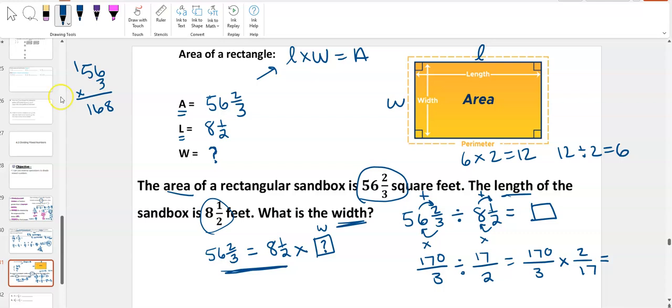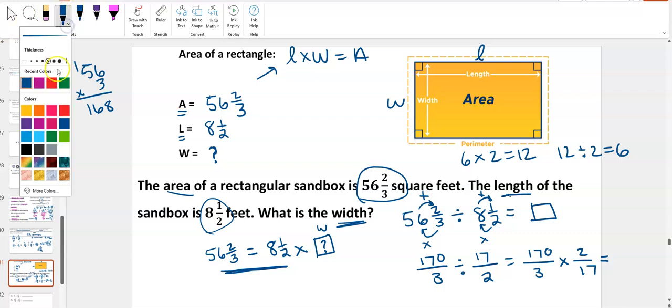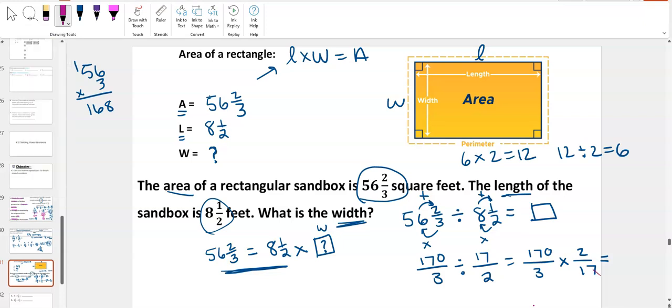Now, this is where I'm going to add something in here. This is something extra that not everyone learns, but one thing that you can do is called cross-canceling. So when you're doing your multiplication, if I know that there is a number that goes in evenly in a diagonal fashion, I can cross-cancel these. Basically, I can reduce before I multiply.